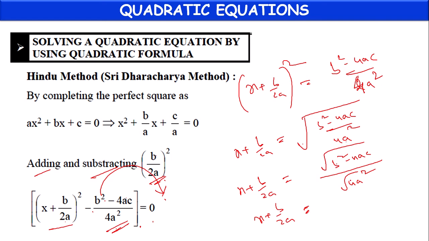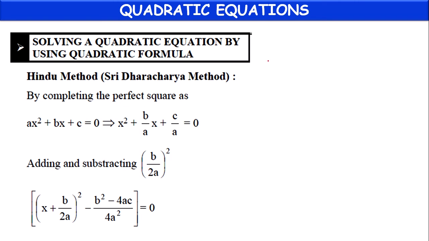So this downside part square, 4 we can write as 2 square. Square root gets cancelled, 2 will remain. In a square root gets cancelled, a will remain. So root of b square minus 4ac by 2a is remaining.